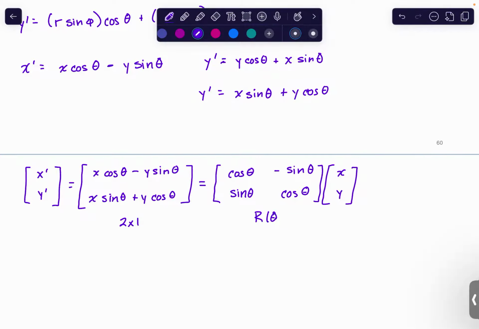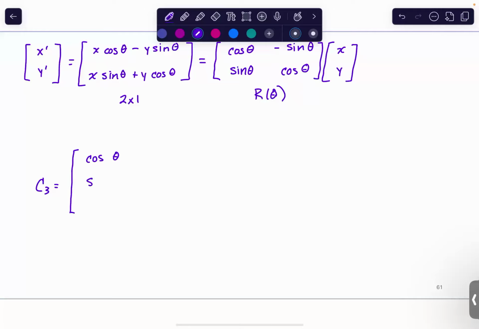What that tells you is the C3 rotation matrix, you're going to have cosine of theta, sine of theta, 0, negative sine of theta, cosine of theta, 0, and then 0, 0, 1 for Z. That is our C3 rotation matrix.